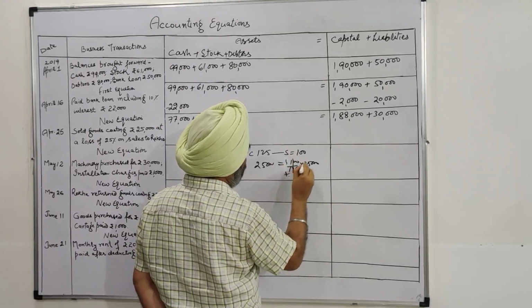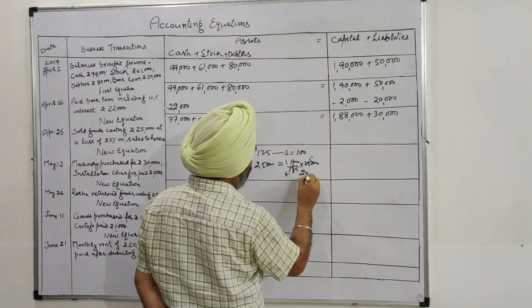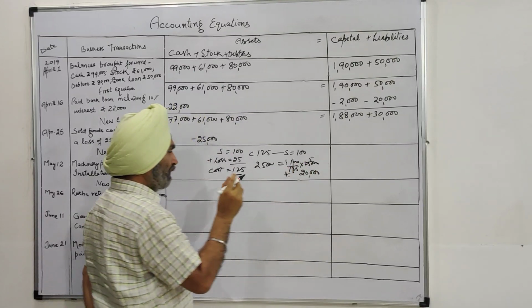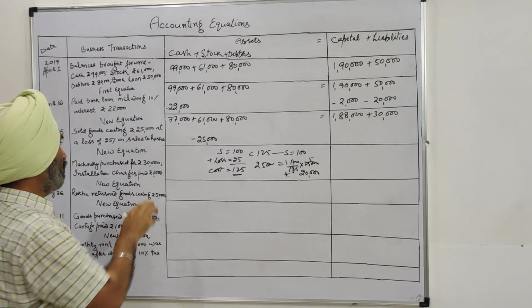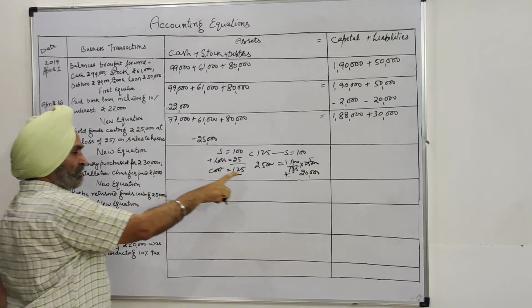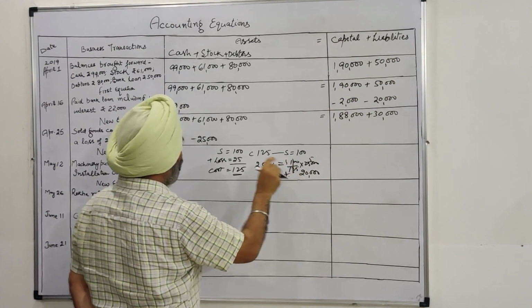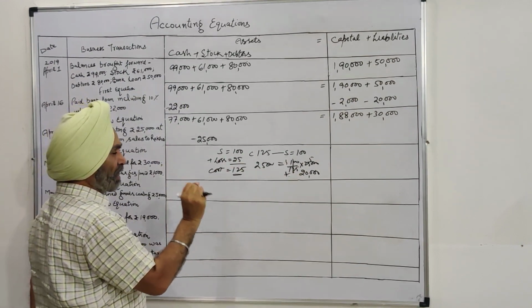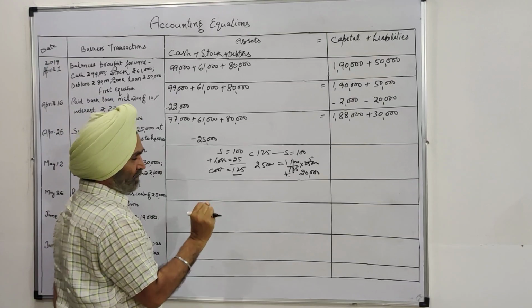So sale price will be 20,000. Cost is 25,000, sale price is 20,000. It means there is a loss of 5,000 rupees.